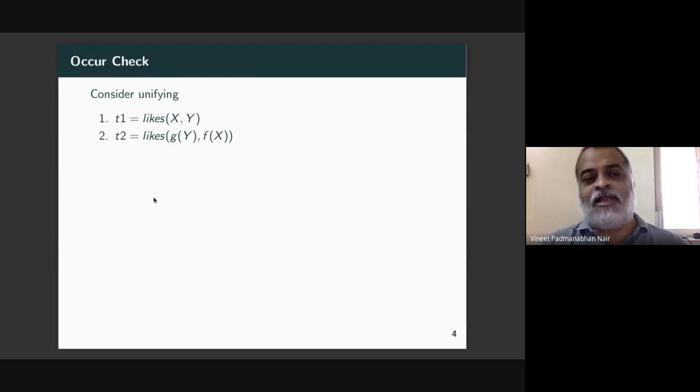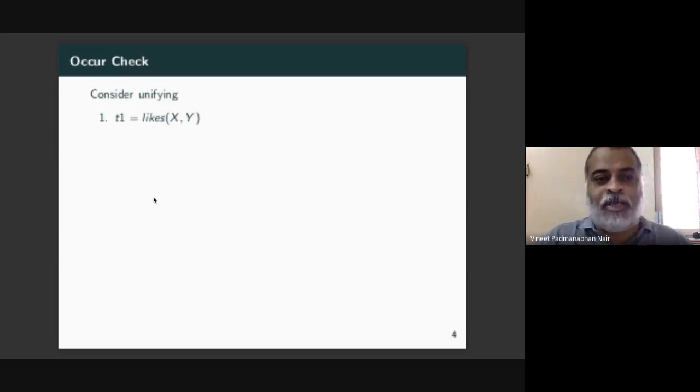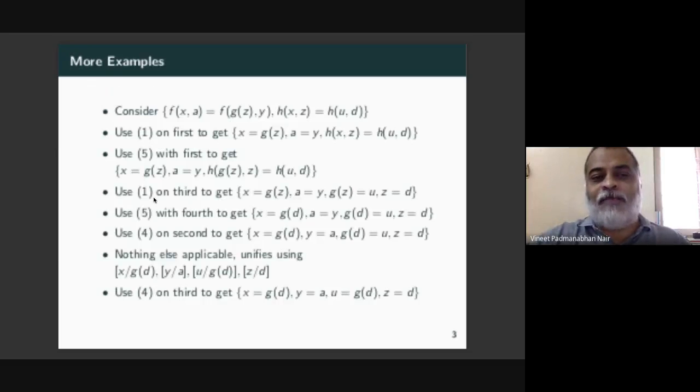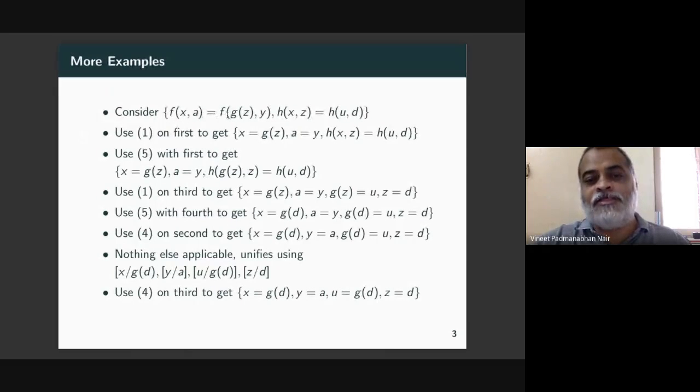As in the previous class, you are given two terms, T1 and T2. The idea is to unify them and to find the most general unifier. Now, the question is, is there anything wrong with this unification or with this question as such? What you did in the previous classes, you were given two terms T1 and T2, for example f of x comma a is equal to f of g z comma y, and you try to unify them.